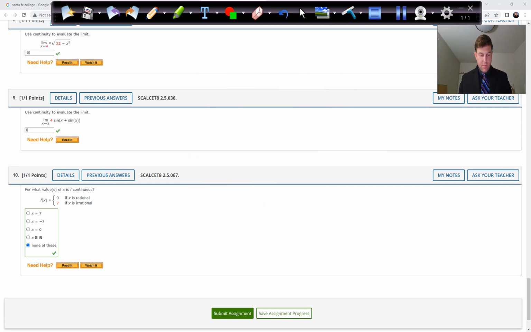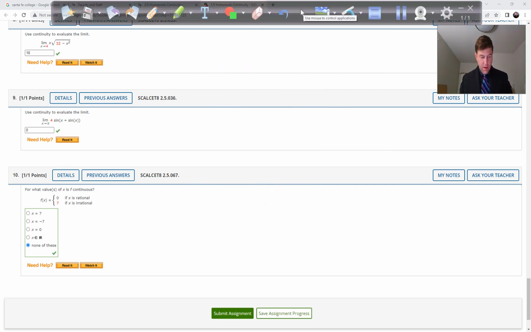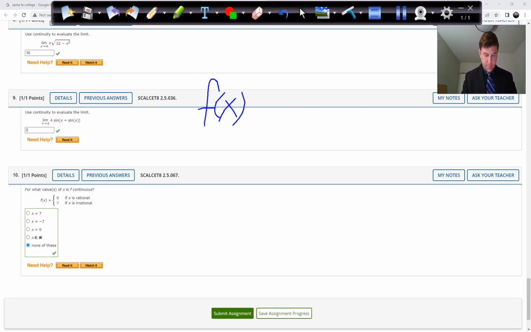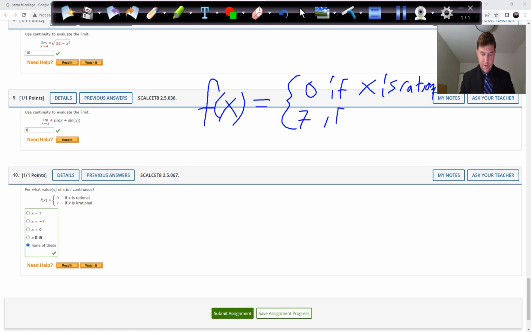Okay, last problem. For what values of x is f continuous? So it says f of x equals 0 if x is rational, and it's 7 if x is irrational.